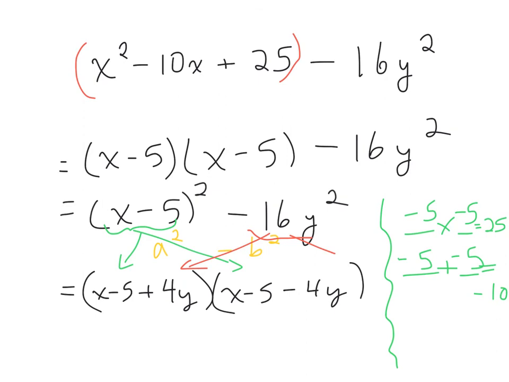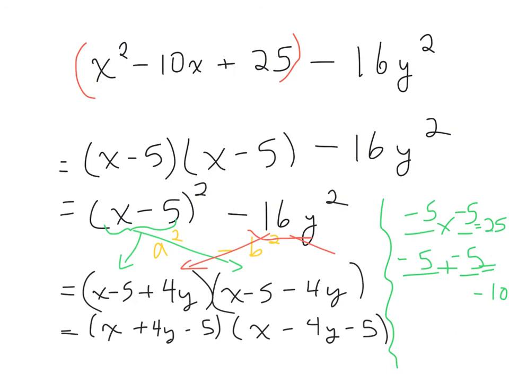No, not really. The only thing we might want to do is reorder this in terms of descending degree and alphabetical order. So just using our math conventions, I'm going to put x plus 4y minus 5, and then x minus 4y minus 5. And now I'm done.